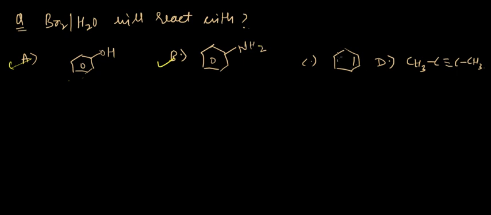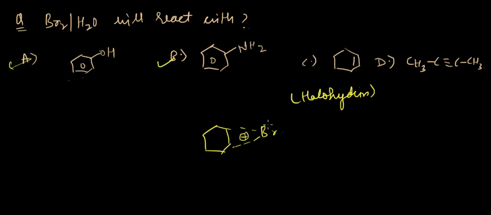Okay. C, obviously you will have formation of halohydrin. I hope you remember the reaction in which Br2 will actually make a 3-member ring with these two carbon atoms, and this ring would be bromonium in nature.